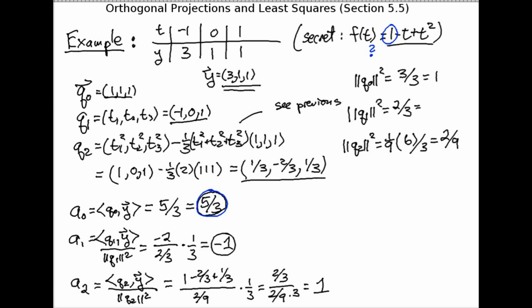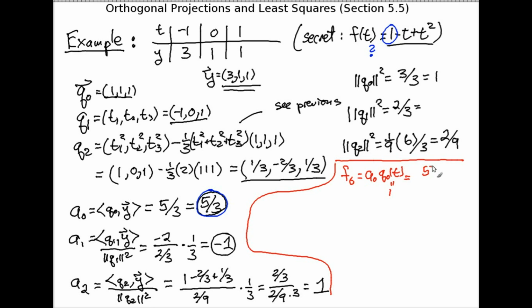Okay, so, whoops, lost my video. There we go. Sorry about that. All right, so let's write down the answer. I'll try and squeeze it onto this slide. So the degree 0 approximation is just A0 times this function Q0, which is the constant function 1.